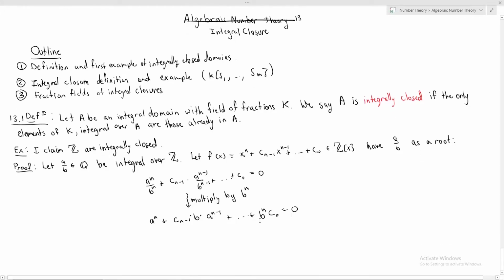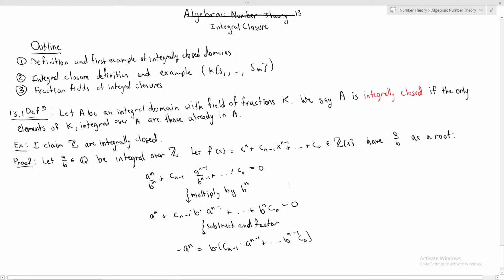If I subtract a to the n over and factor out a b, I'll find that negative a to the n equals b times some stuff: c sub n minus 1 times a to the n minus 1, plus and so on, plus b to the n minus 1 c naught. Okay.